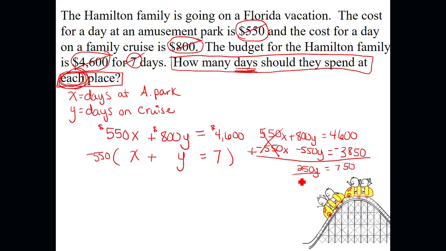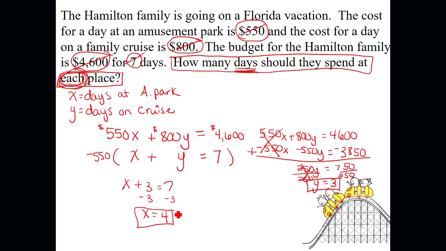So if I divide by 250 now, we get y equals, how much, ladies and gentlemen? 3, right? y equals 3. So I'm going to place that as one of my answers now into one of these original equations that I started with. It looks like this bottom one looks pretty easy. y plus 3, or x plus 3 equals 7, sorry. Because the y is 3, I now know that the x is 4.